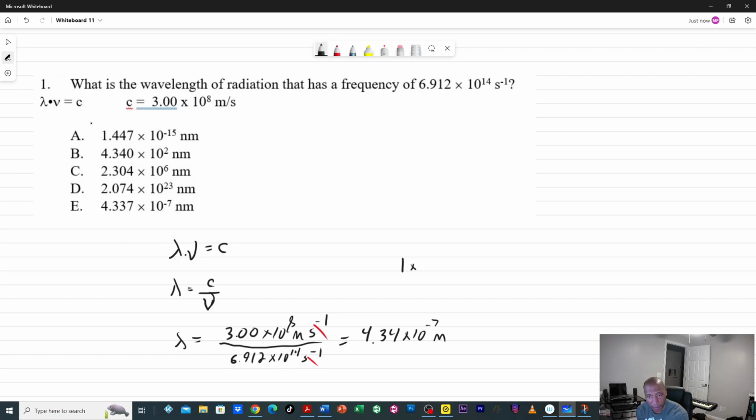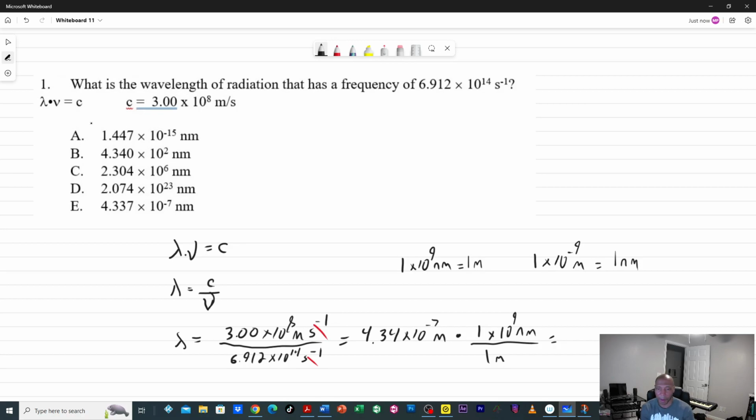But we know that 1 times 10 to the 9 nanometers is equal to 1 meter. Or I could also say 1 times 10 to the negative 9 meters is equal to 1 nanometer. Both of these are equally valid. So I'm going to go ahead and use either one of them. I think I'll use the first one. Nanometers and meters. You're going to multiply by a conversion factor fraction. And I don't know why I'm getting my calculator.